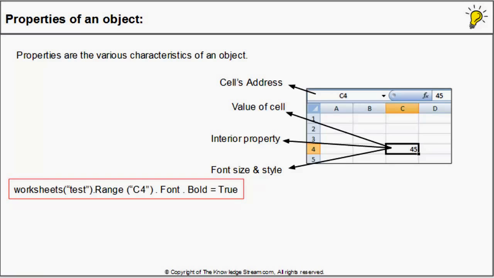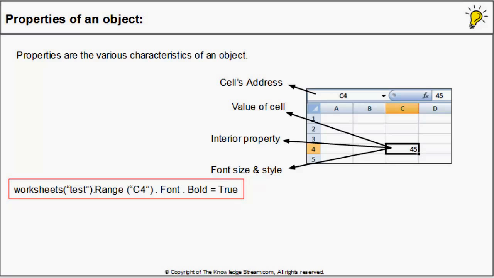Type the address of the cell followed by a dot and the word font, another dot and the word bold, followed by an is equal to sign and the word true. As you can imagine, to switch from bold to normal, you have to type the exact same command except for false instead of true after the is equal to sign.